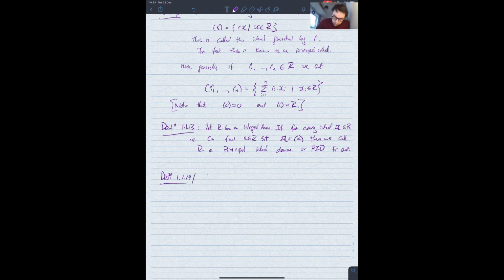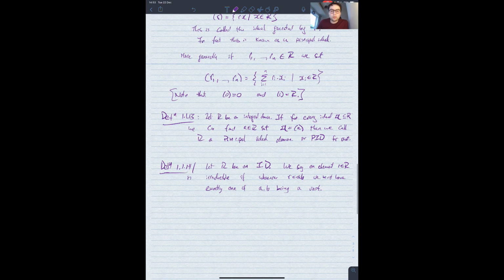Definition 1.1.14. Let R be an integral domain, so an ID. We say an element little r in R is irreducible if whenever r equals a times b, if you can write it as a product of two things, we must have exactly one of a and b being a unit.